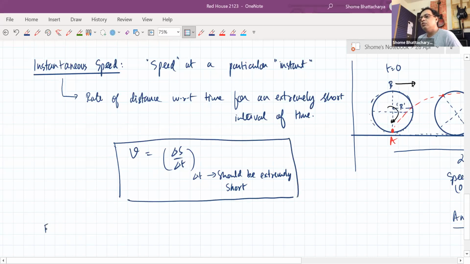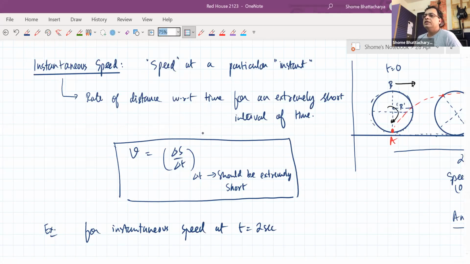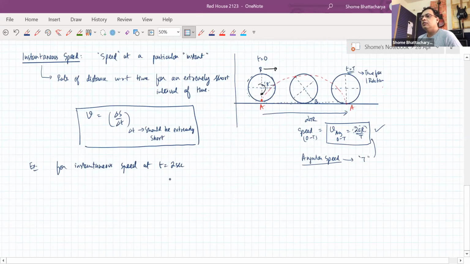So for example, one way of achieving this practically might be that we want to find the instantaneous speed at the instant, let's say, t equal to 2 seconds for a given object which is moving. We might say that we want to calculate delta S by delta T, where delta T is an interval of time, let's say 0.01 seconds.